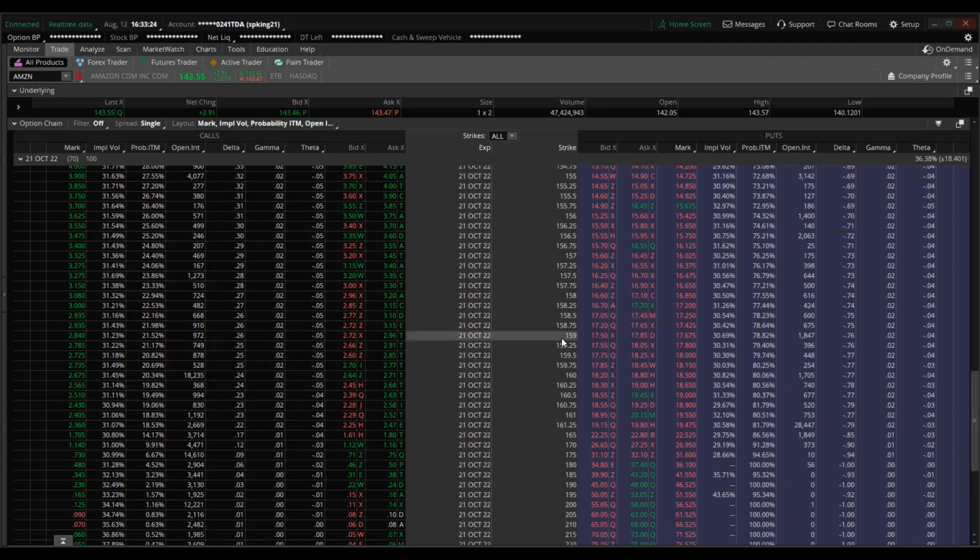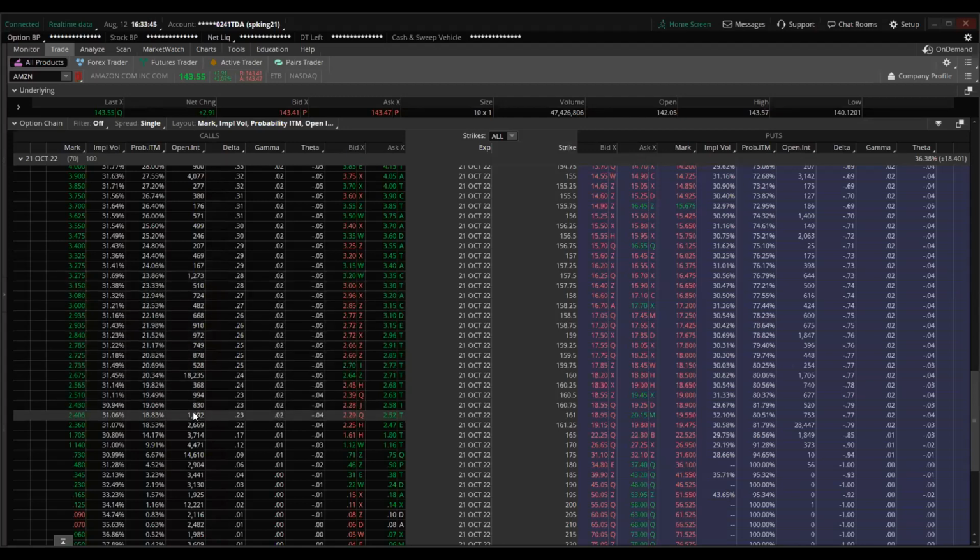But here's the other thing that catches my eye when I'm looking at all of this information: open interest. When I look at open interest, all of these are under 1,000, right? This popped a little bit over 1,000.